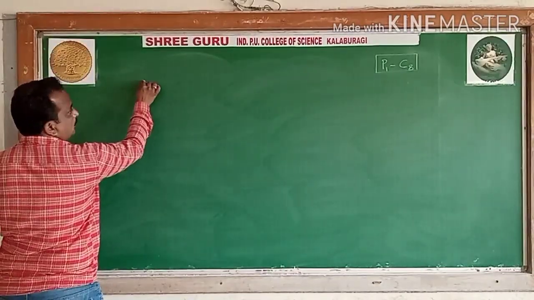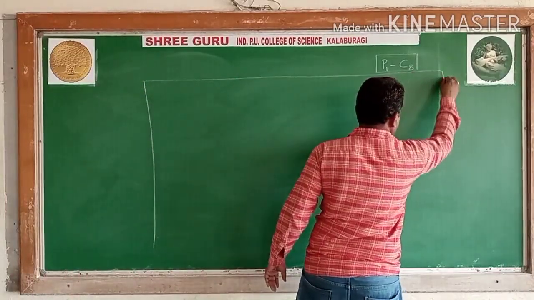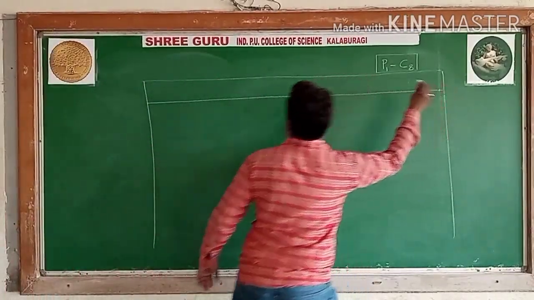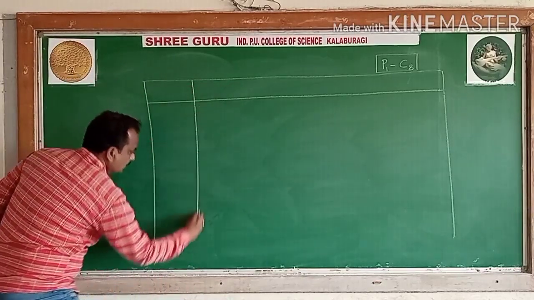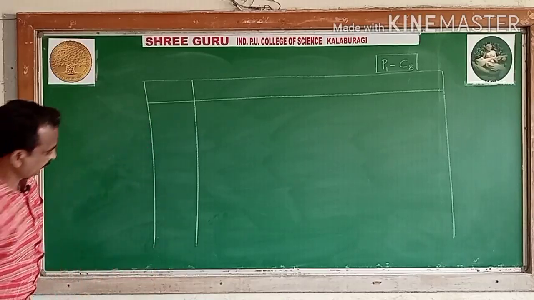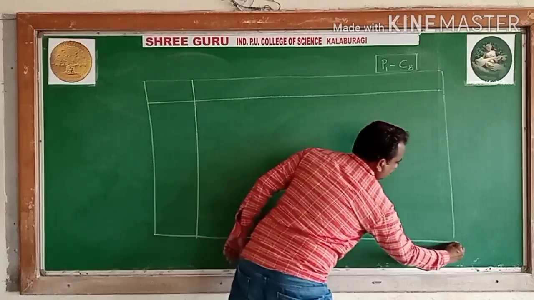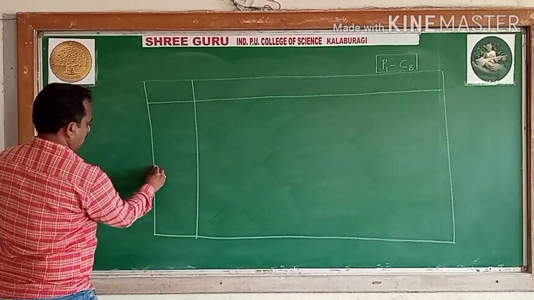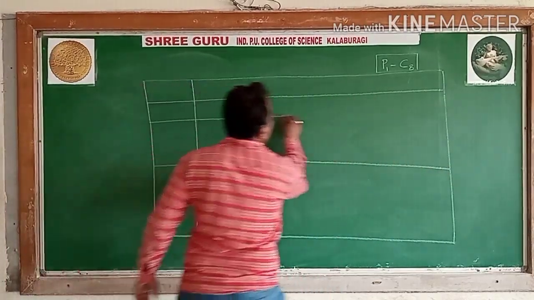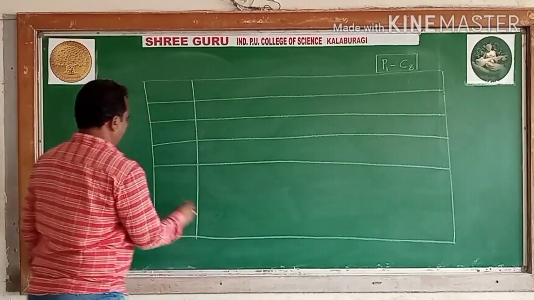Now see the 6 trigonometric functions with respect to their quadrants. Here I will make a table of the trigonometric functions.